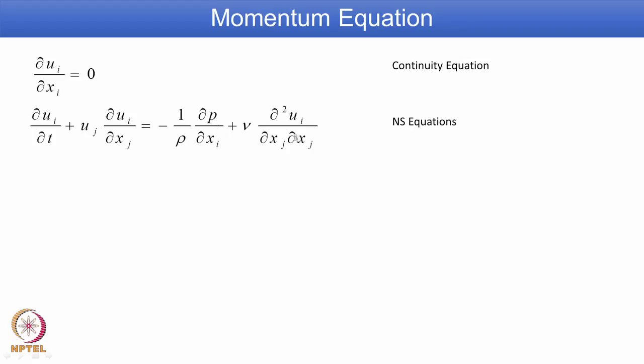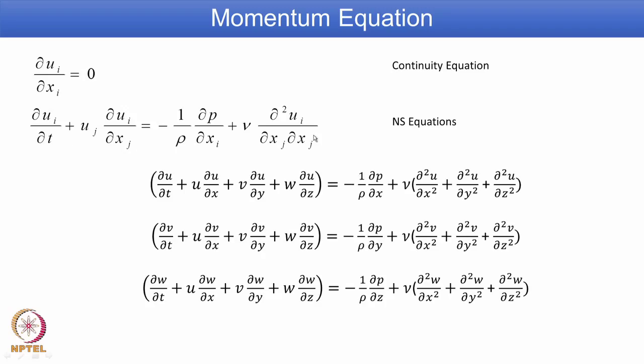In the diffusion term, the numerator ∂²u_i is a single term, whereas in the denominator the j index repeats, so you get a summation. We already learned the Navier-Stokes equation in very detailed form. If you use index values, you get the expanded equation of the Navier-Stokes equation, so you can cross-check.